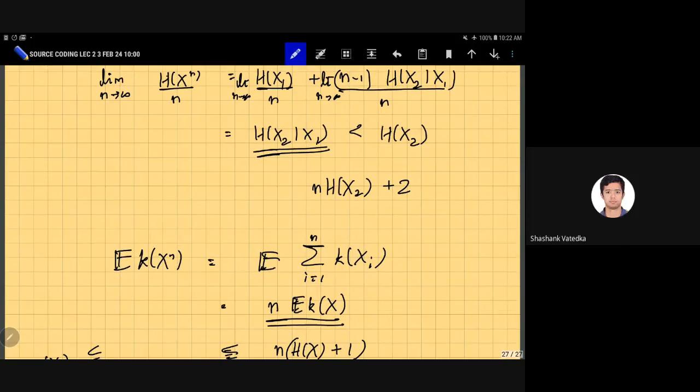If you have a source with memory, then in principle it is possible to achieve a rate less than n times H of X. The optimal rate of compression is strictly less than n times H of X. The schemes that I've described so far will let you get to n times H of X, but if you designed a better algorithm, it should be possible to get to n times H of X2 given X1, or close to it, which is strictly less than n times H of X.